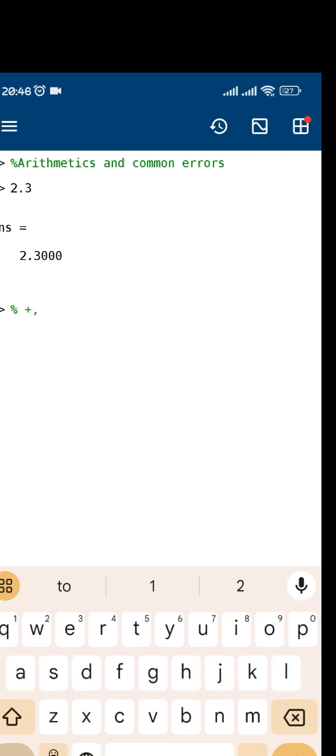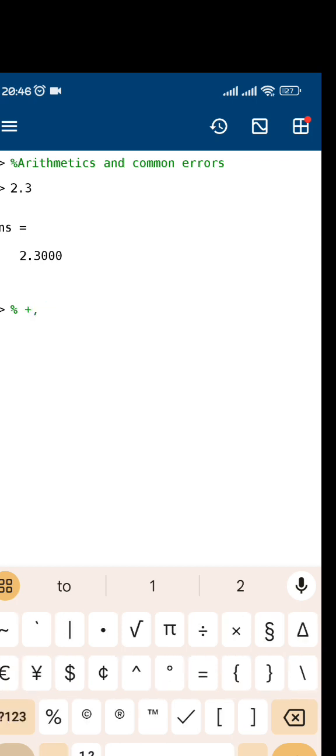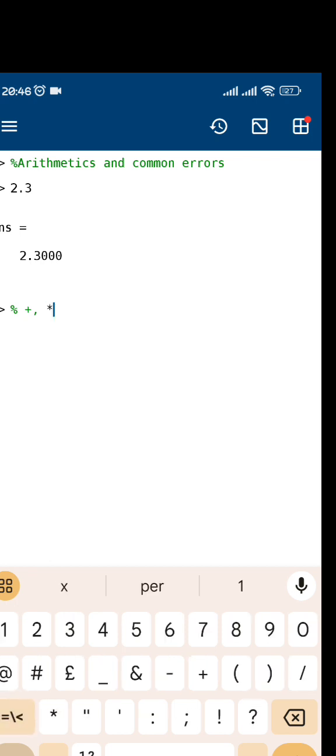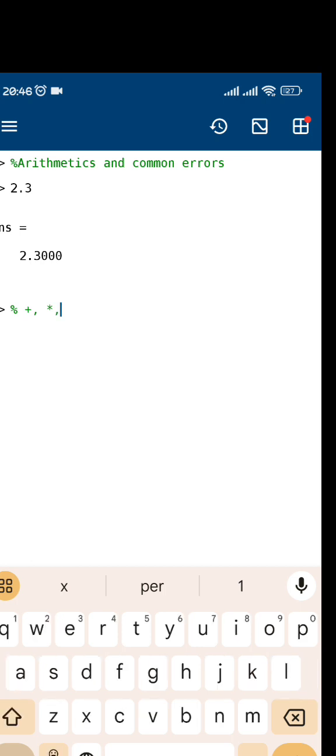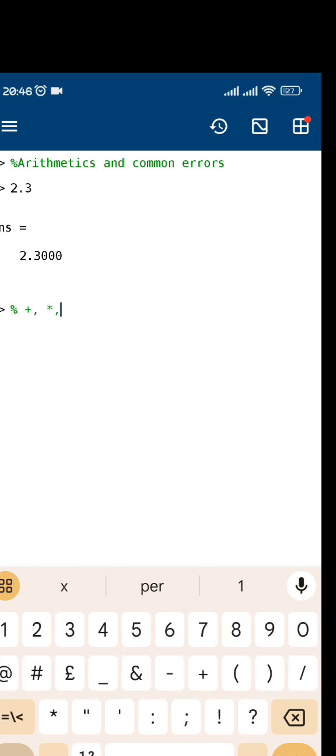Similarly, for multiplication you will use the star symbol like this. You cannot use dot as a multiplication operator here. And for the division you will be using this slash, and similarly for subtraction you can use the negative sign.